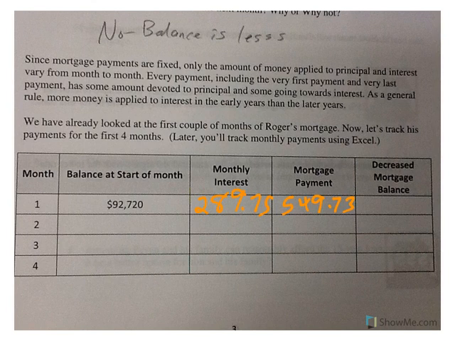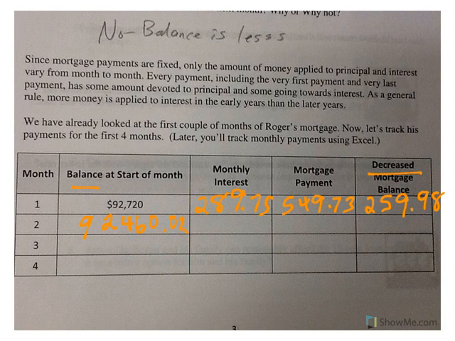So the decreased mortgage balance, that's what we did in number 10, where we took the mortgage payment minus the interest, and that tells me how much I'm going to decrease my mortgage balance, and that was $259.98. So if we take our balance at the start of the month and subtract how much we're decreasing it, that will give us our new starting spot of $92,460.02.